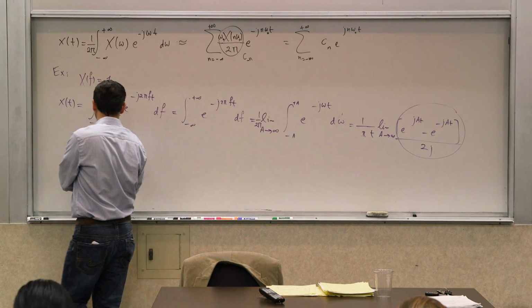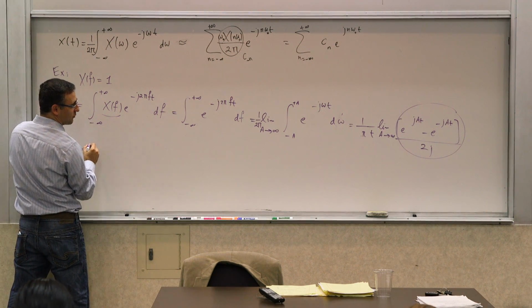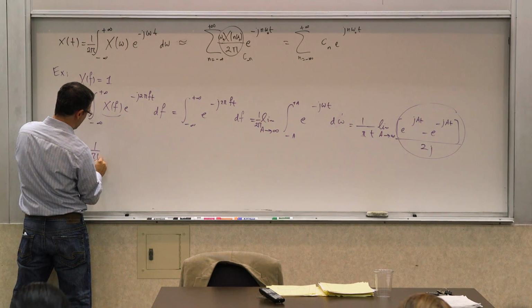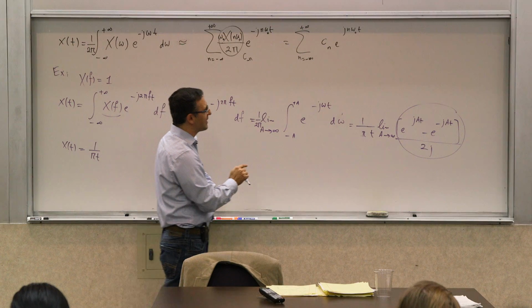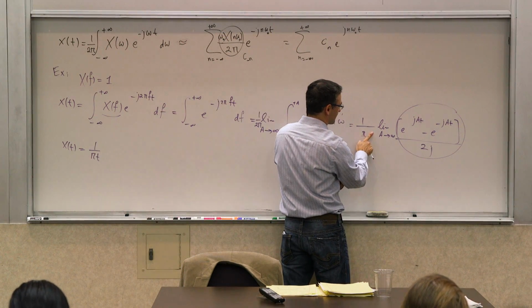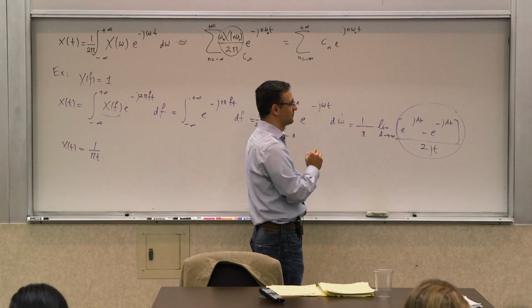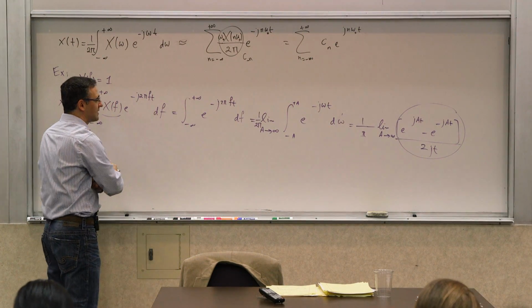So I have 1 over pi t. Maybe I can even take the t and put it in. If I put the t in there, is that the sine now?